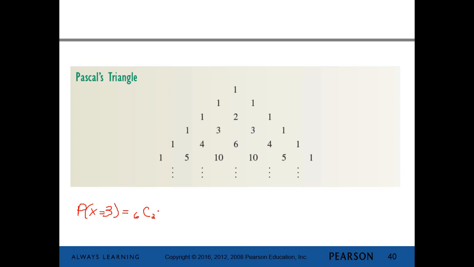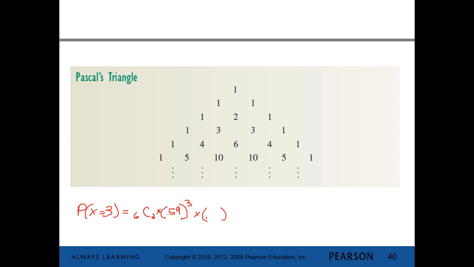Then we multiply by the probability of a success, 0.59, raised to the 3rd power, since we have 3 successes. Then we multiply by the probability of failure, which means they don't go to more than one college.